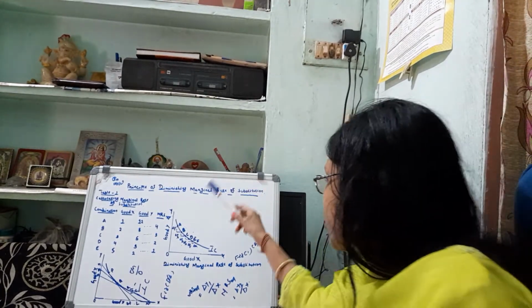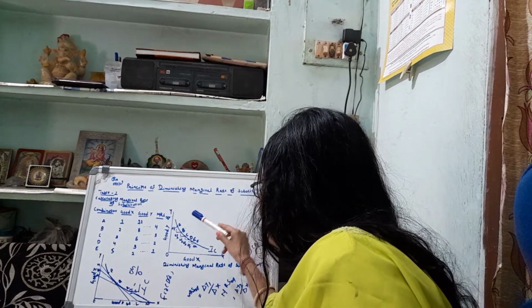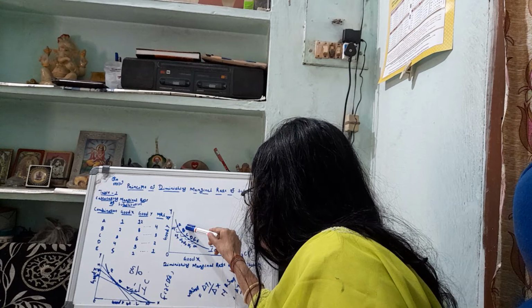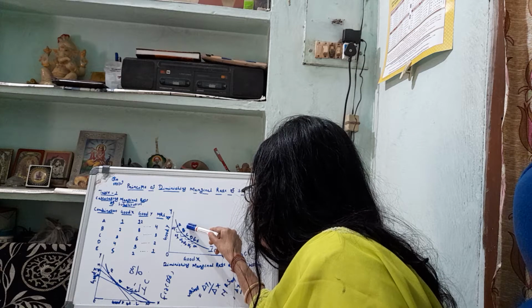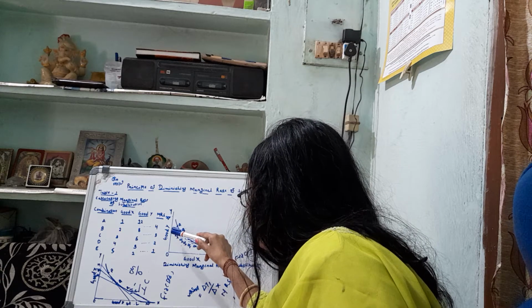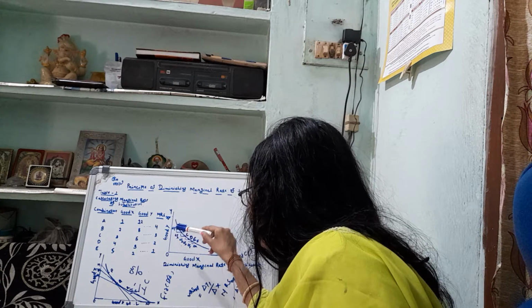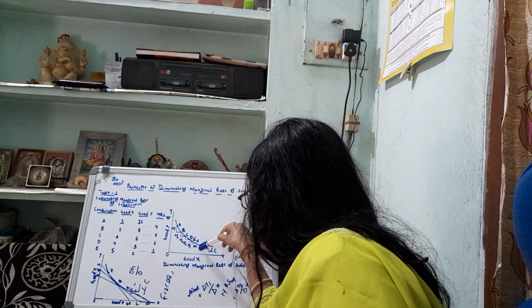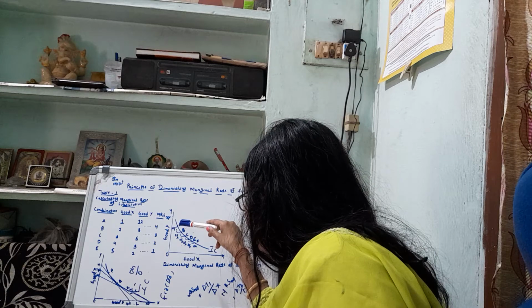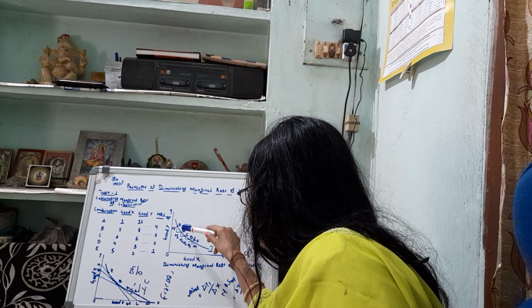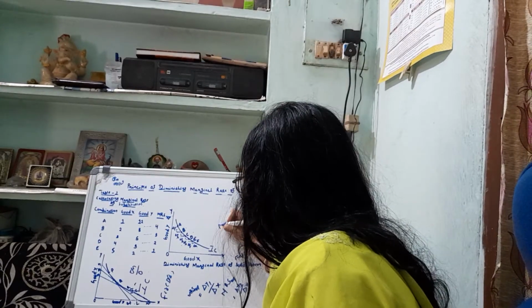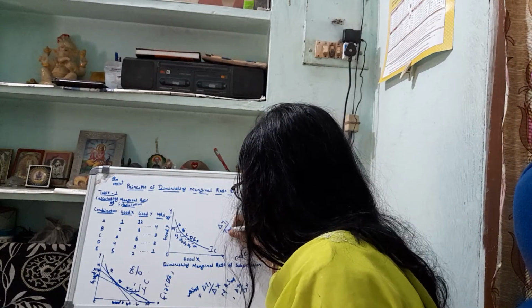In figure 1a, when the consumer slides down from A to B on the indifference curve, he gives up delta y1 of good y to compensate for the gain of delta x of good x. Therefore, the marginal rate of substitution is equal to delta y1 divided by delta x.